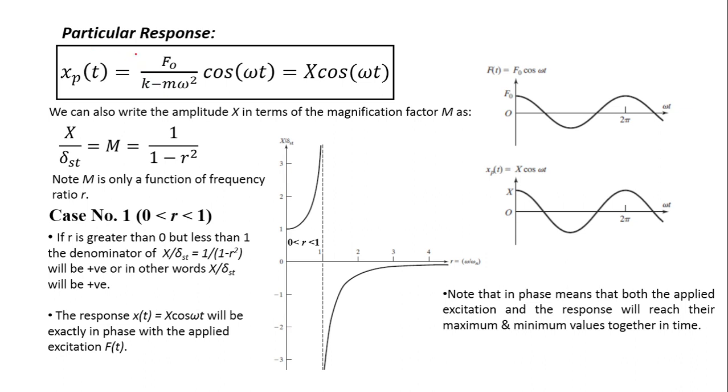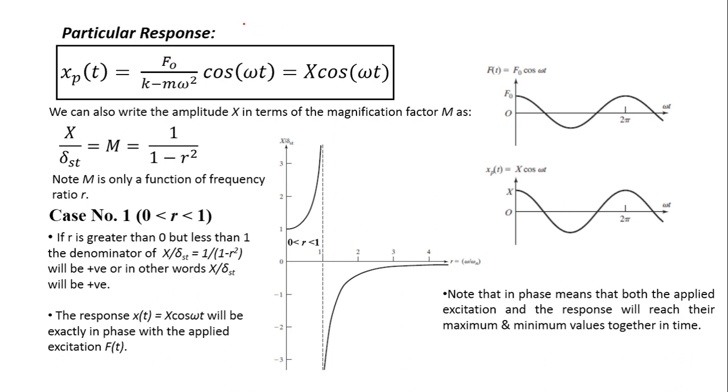Therefore our particular response for this one degree of freedom undamped forced vibration problem becomes X cos omega t, where X we have already found out, it is equal to F naught upon k minus m omega square. So F naught upon k minus m omega square times cos omega t is the particular response.